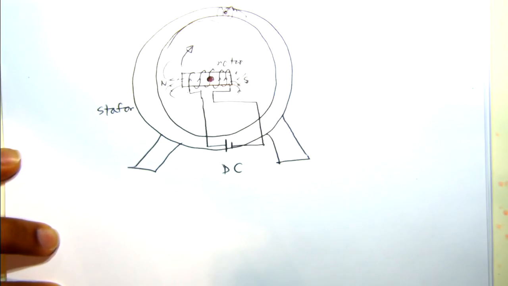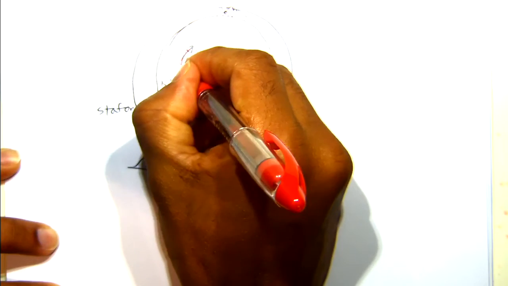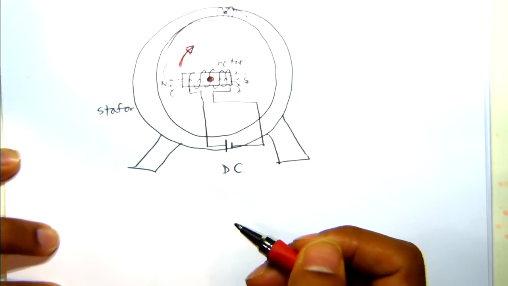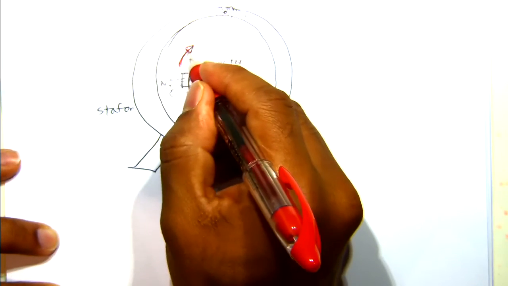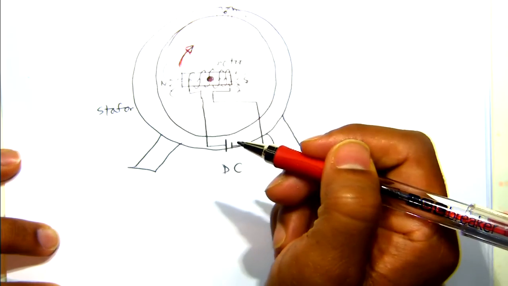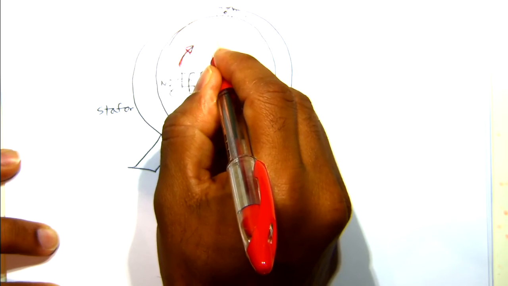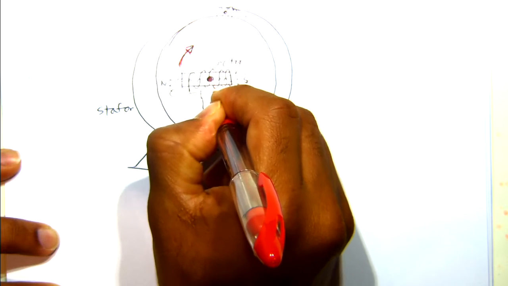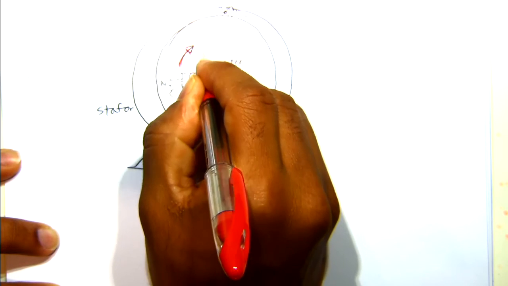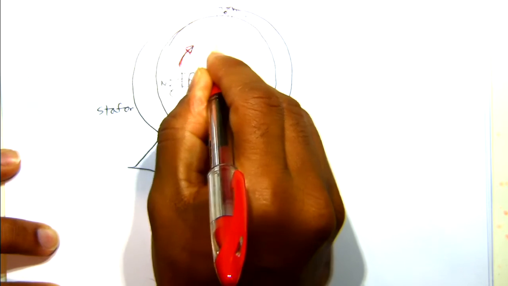Now I will try to rotate this magnetic field. Once it rotates, at some point, this solenoid or this rotor will be like this.